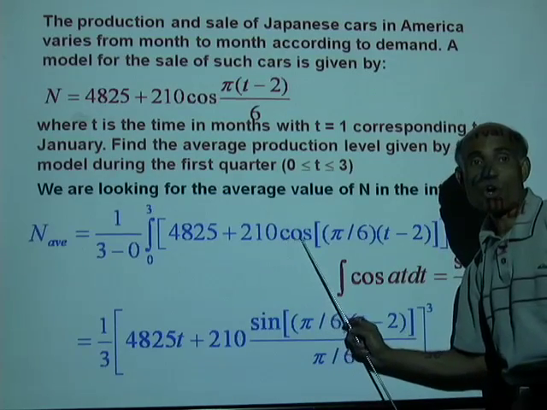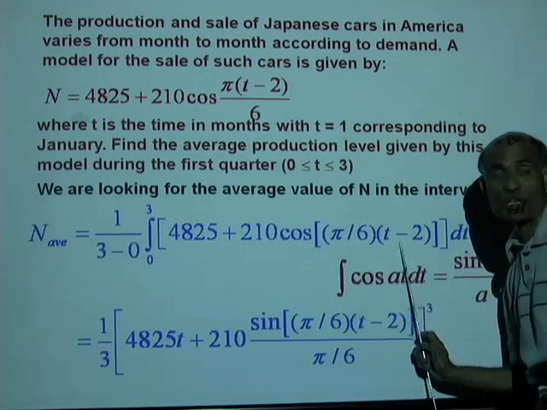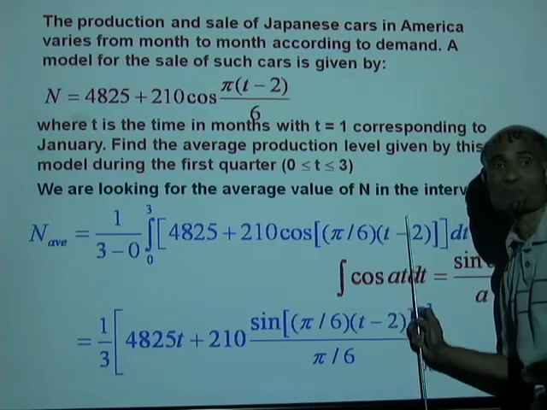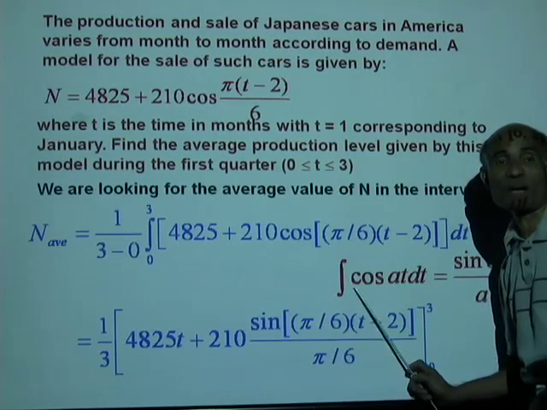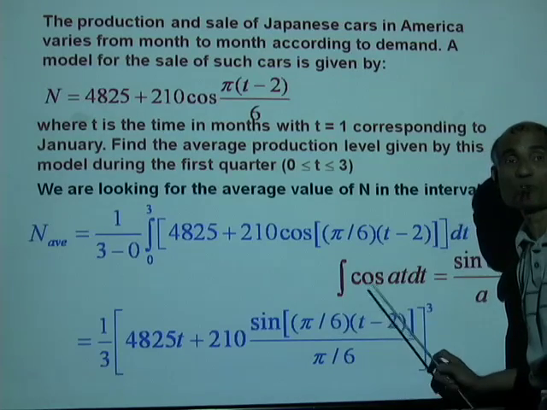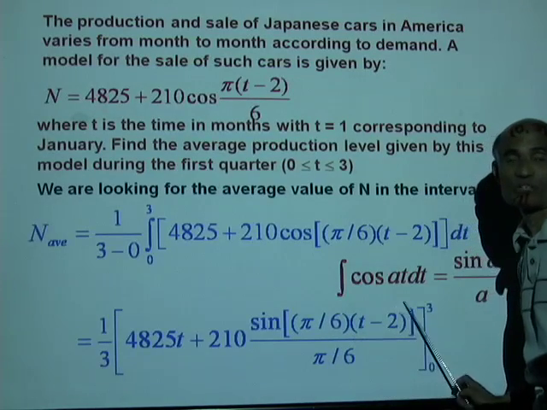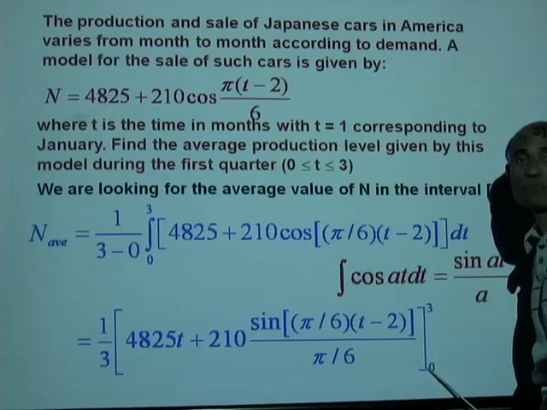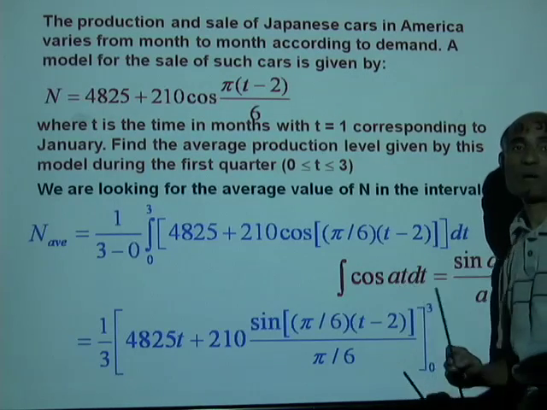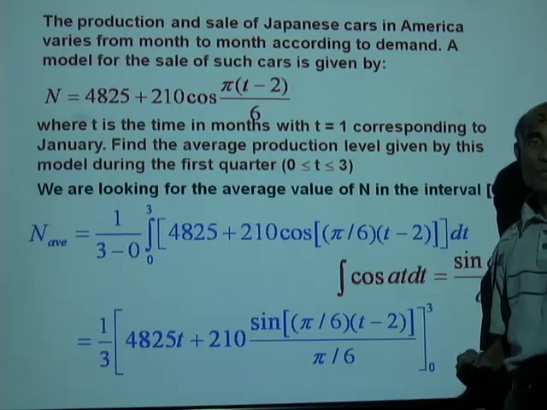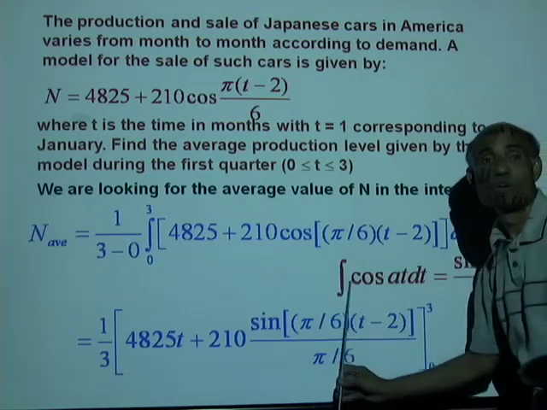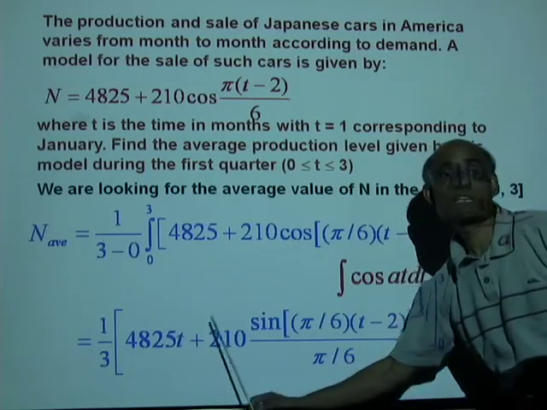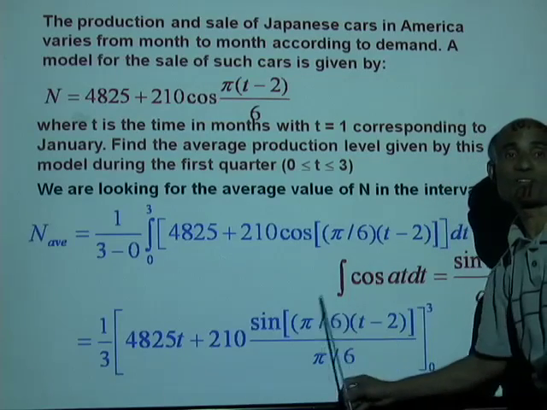The integral of cos of this quantity, pi by 6 times (t minus 2), is sine of pi by 6 times (t minus 2) over pi by 6. And that goes from the lower limit 0 to the upper limit 3. Alright? To find the value of this, what do we do? First replace t equal to 3, is that right?